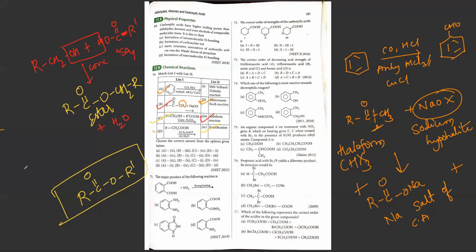Then the last one, what is the reaction? Last reaction: you have R CH2 C double bond OH, again a carboxylic acid, taken in the presence of X2 and red phosphorus, and further undergoing hydrolysis.